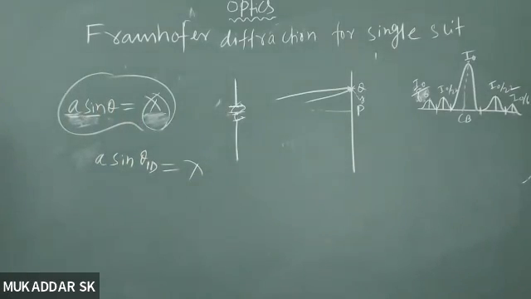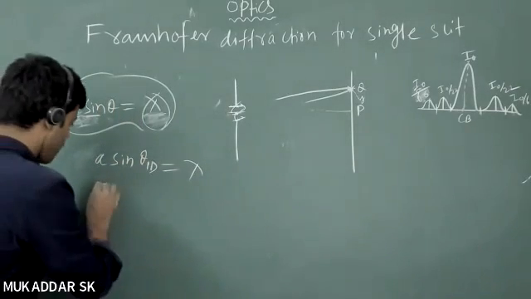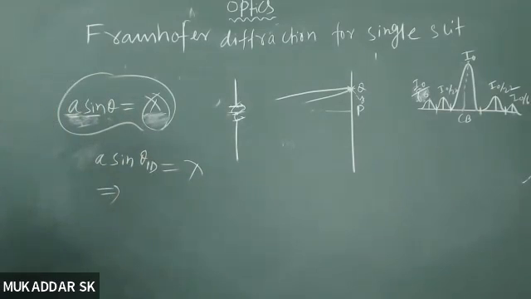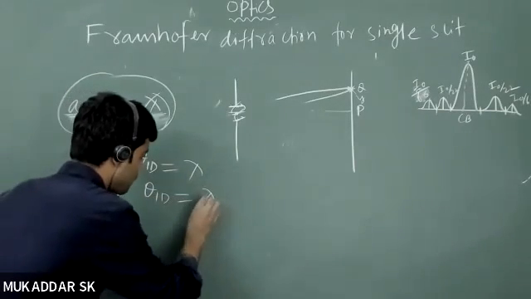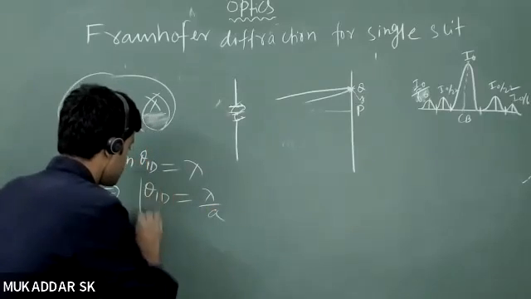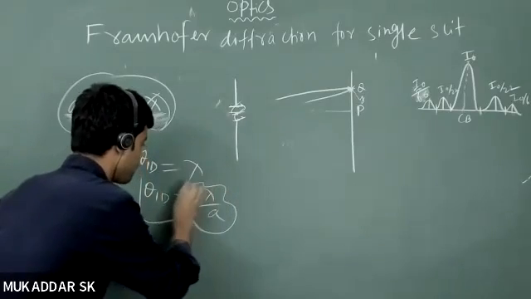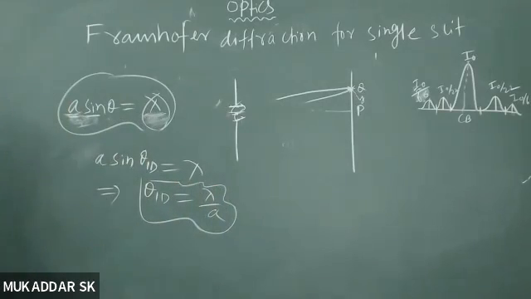Now theta is very small, so in place of sin theta I can write theta. So theta on d is lambda by a. This is the angular position of the first dark fringe.